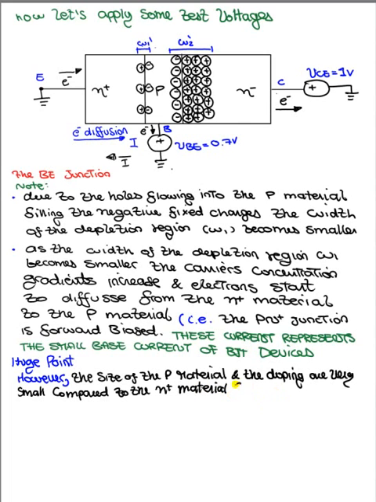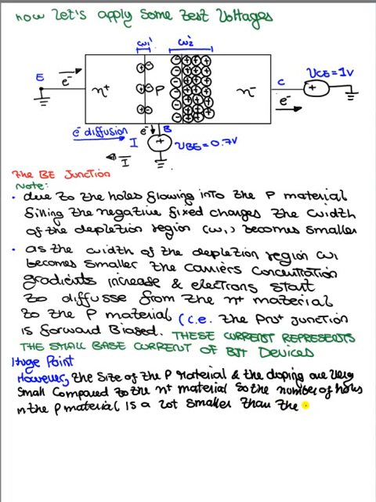So the number of holes in the P material is a lot smaller than the number of electrons in the N plus material.